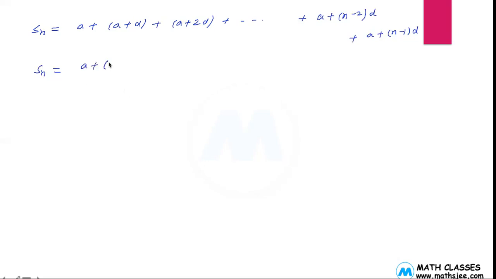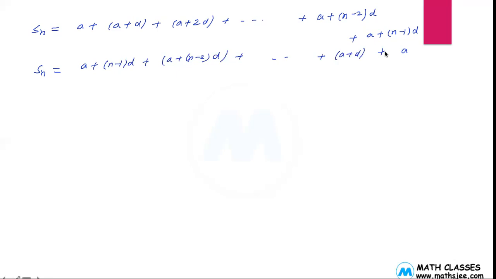So a plus (n minus 1) into d, plus a plus (n minus 2) into d, plus and so on, plus the second term, plus a. So we have just written everything in the reverse order.